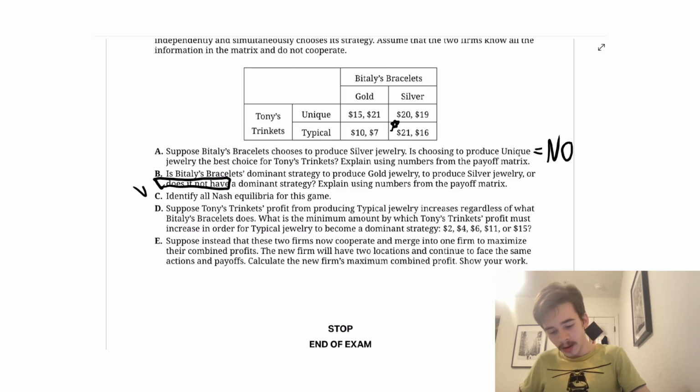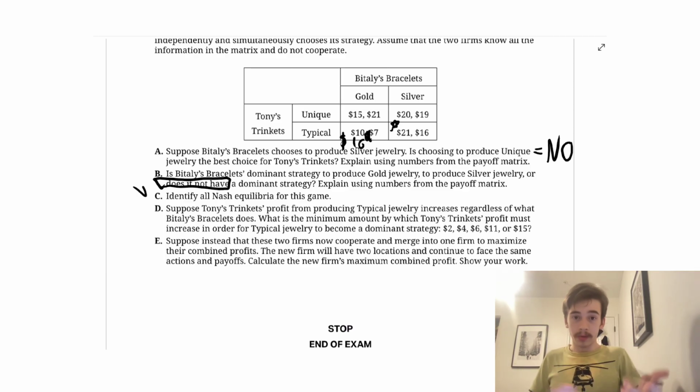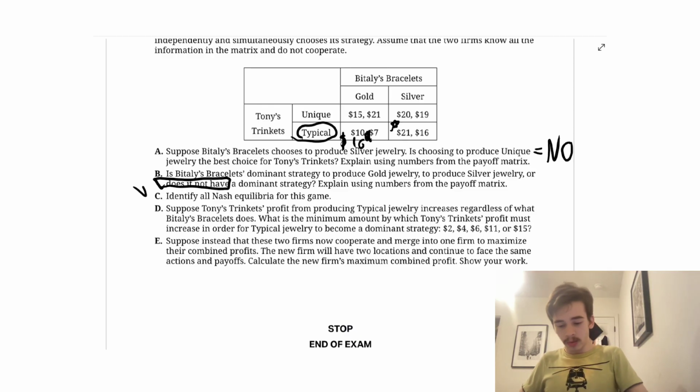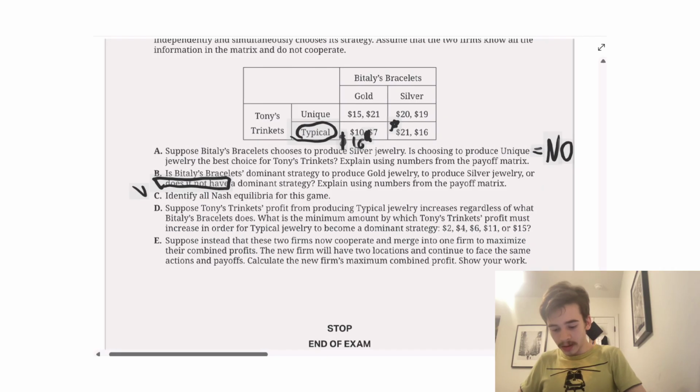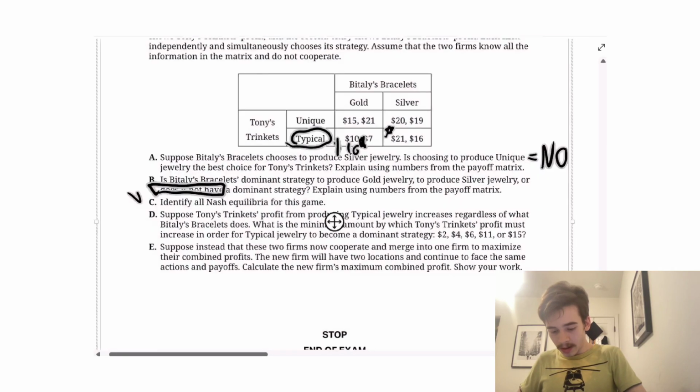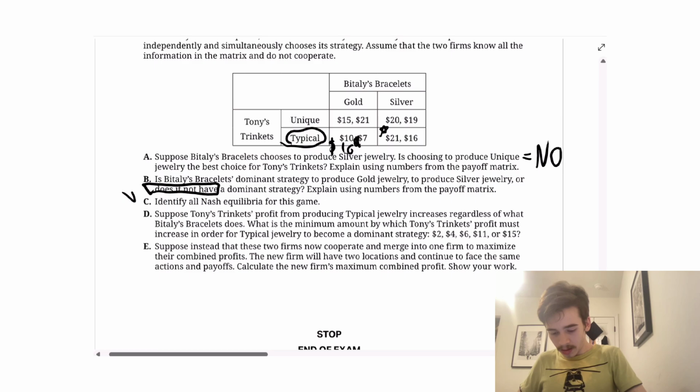That's where it becomes $16 versus $15. That's a dominant strategy. You got typical favoring whatever Beverly's Bracelets chooses. So Tony's Trinkets will now go with typical if the profit increase is at least $6. And you can explain it just as I have.